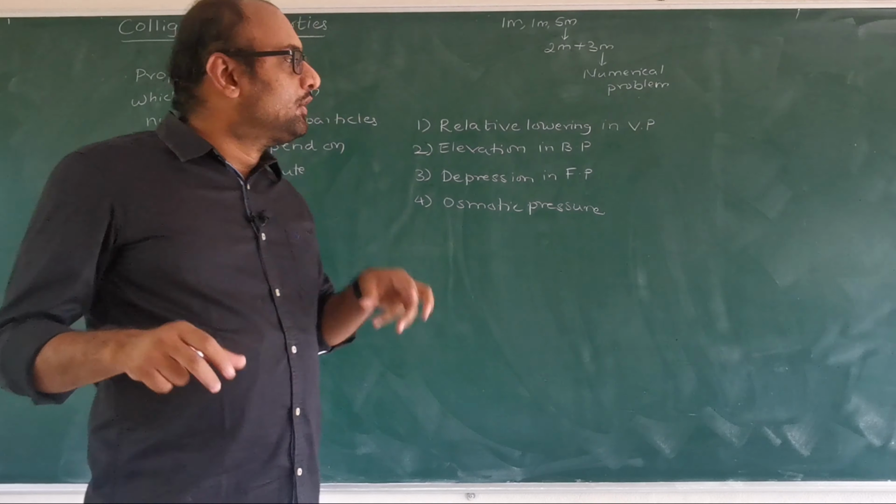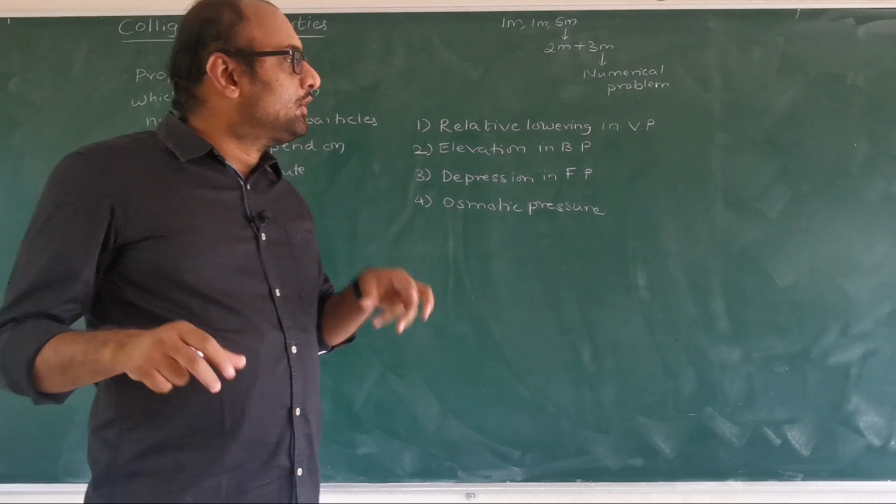According to Raoult's law, for this solution, we have Pa equal to P naught A Xa. You already know this. Similarly, we have Pb equal to P naught B Xb. If you apply Dalton's law of partial pressure, P is equal to Pa plus Pb.